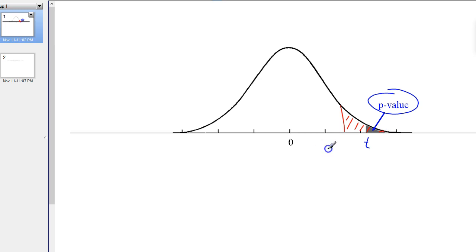So Z alpha or T alpha in this case, the critical number, is how far away from the mean or from the claim we're going to say could just happen by chance. So again, we're expecting things to be around in here. We're expecting the value of our test statistic when we do the sample value we get to be in and around the claim value.